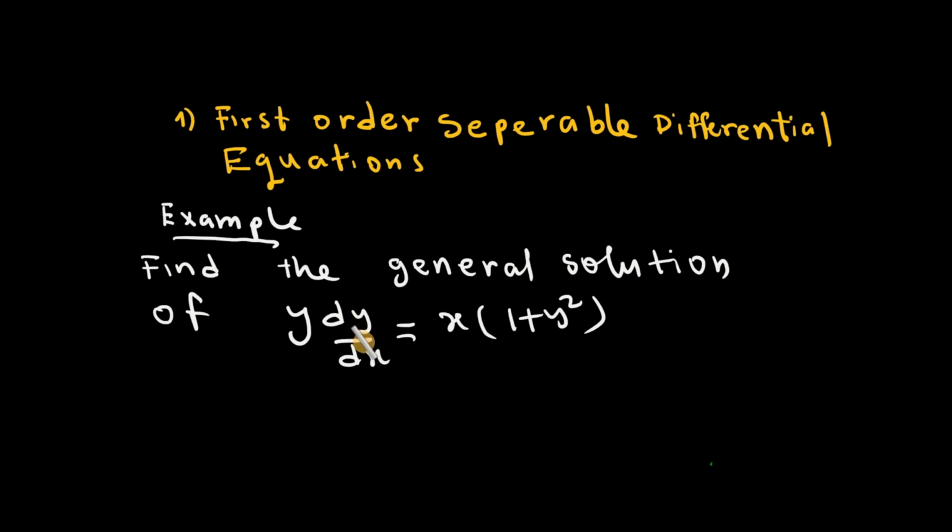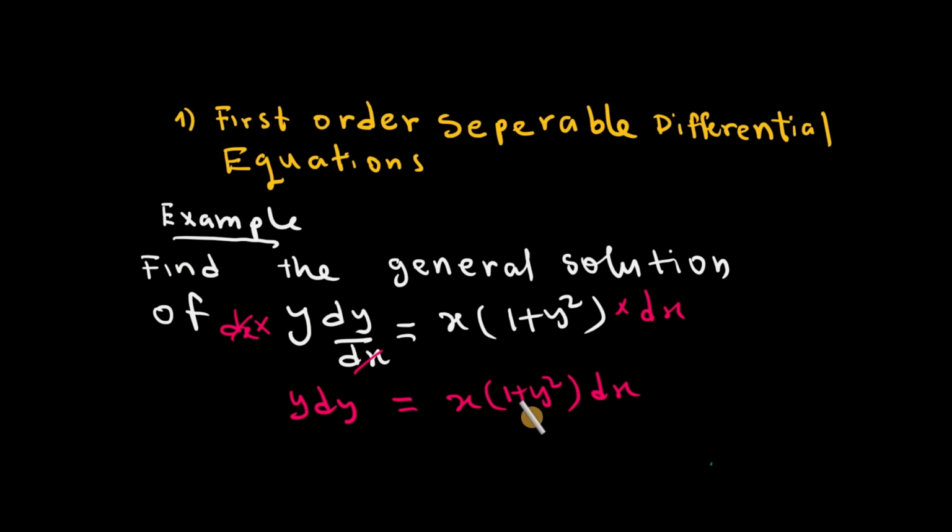We need to separate the variables of y from that of x. To do that, if we multiply both sides of this equation by dx, this dx here is going to cancel this one, and I will be left here with y dy = x(1 + y squared) dx.